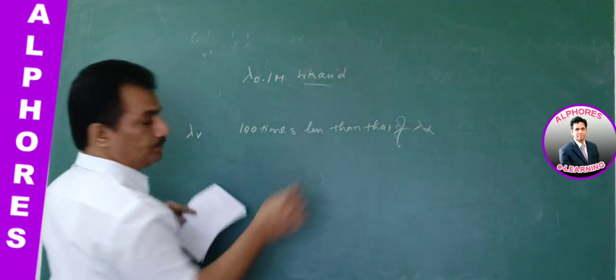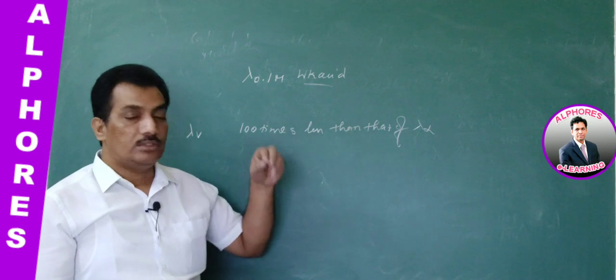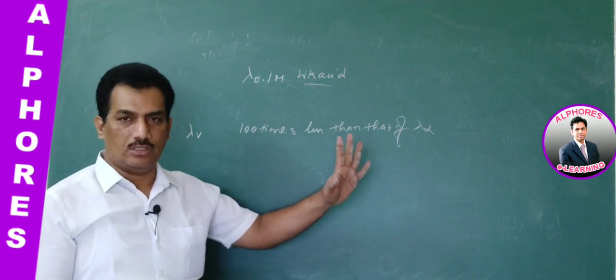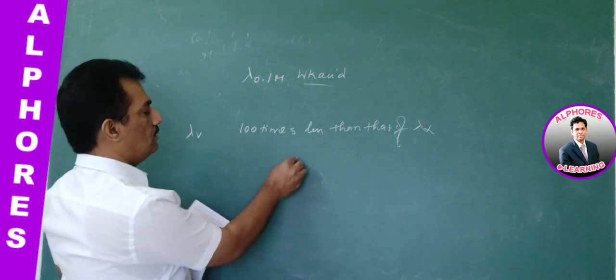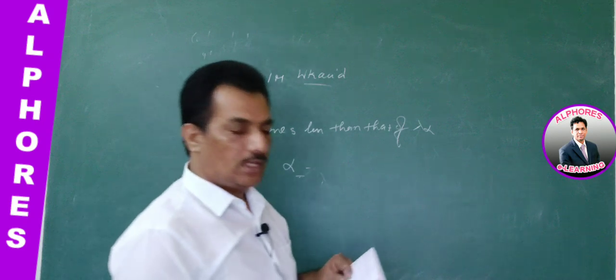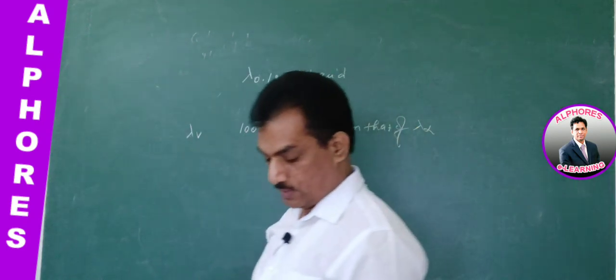It is 100 times less than the equivalent conductance of that acid at infinite dilution. Then they ask for the degree of dissociation of that weak acid. Clear? That is model 2, and you try to solve this question.